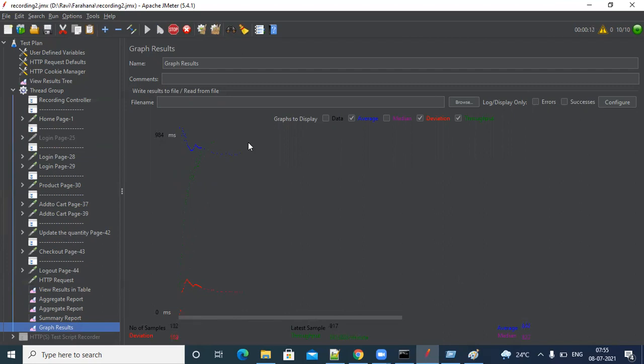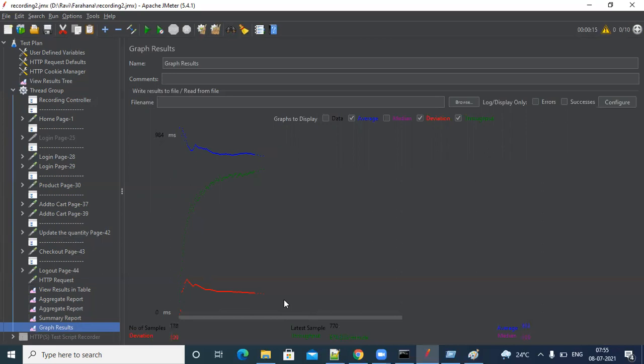The blue response time starts from somewhere, slowly increases and becomes stable, because we are running lastly with 10 users only. The response time should also be stable, and our deviation also should be stable.